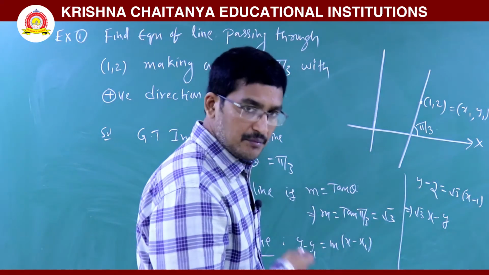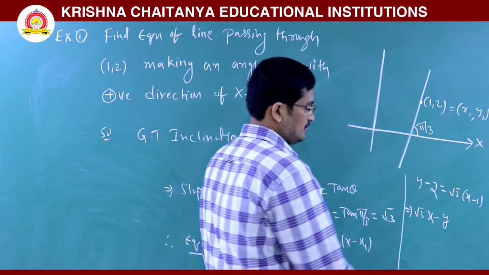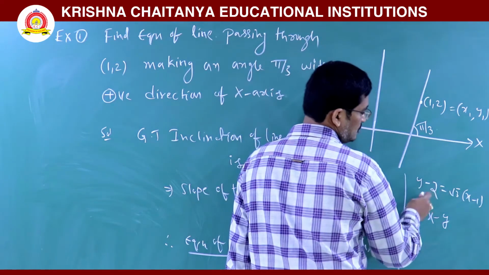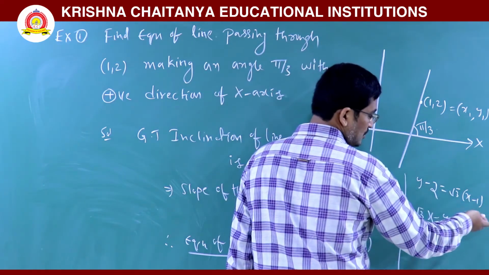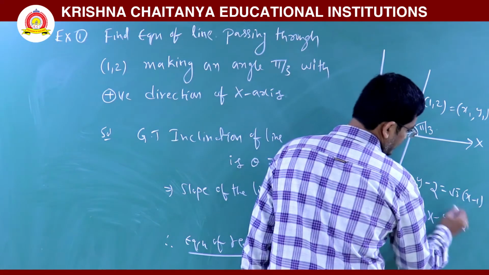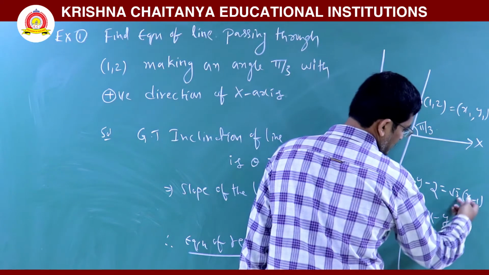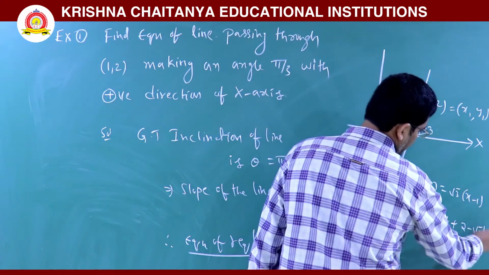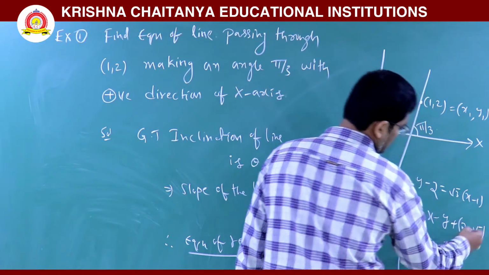We take the value minus 2 to the right side, that becomes 2, and already minus root 3 is there. So, the equation is root 3 x minus y minus root 3 plus 2 equals 0.